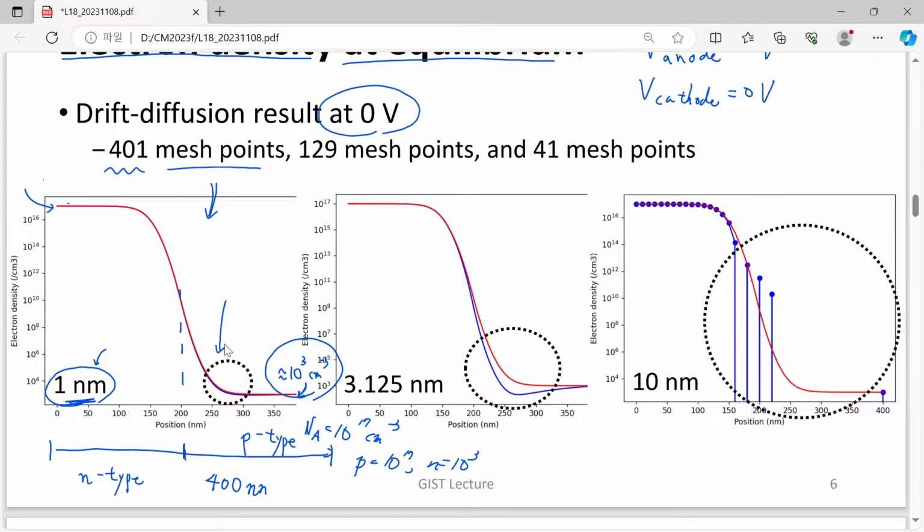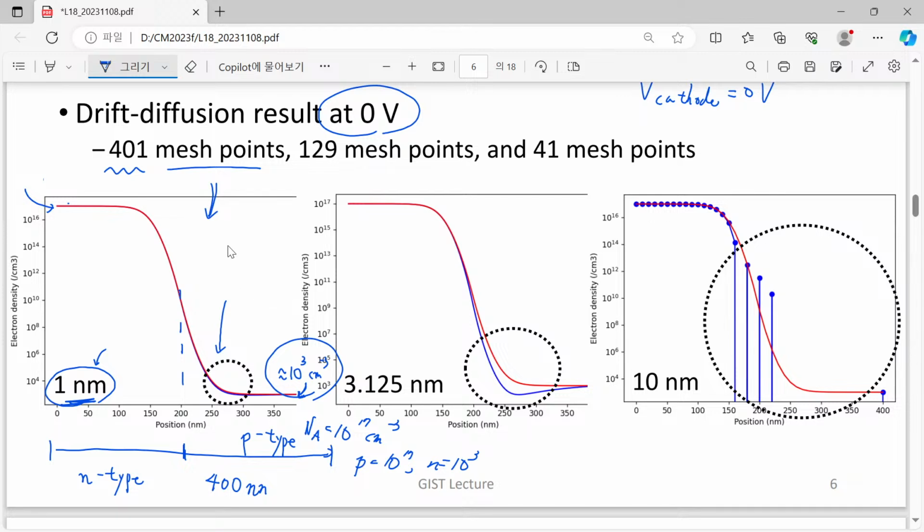We have two graphs, a red one and a blue one. The red one is not from your DD simulation, but it is obtained from your nonlinear Poisson equation, and the blue one corresponds to your DD simulation.